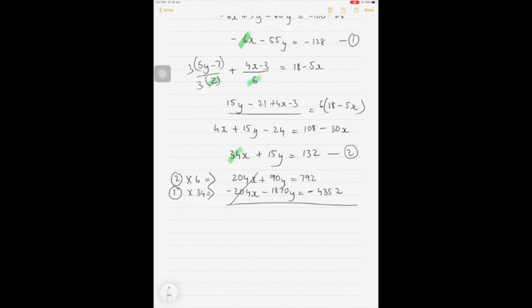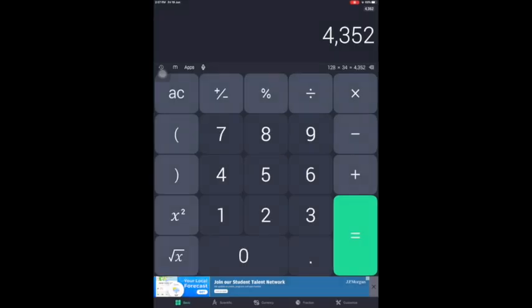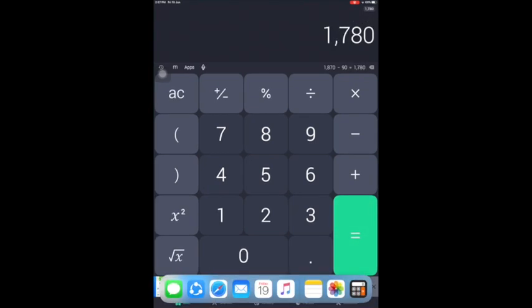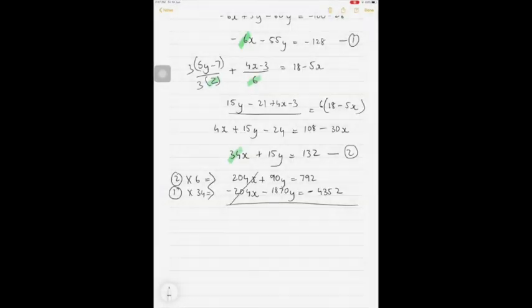Now I'll just add both the equations. When I add both the equations, x terms I can just cancel. Now y terms: 1870 minus 90 is equal to 1780.